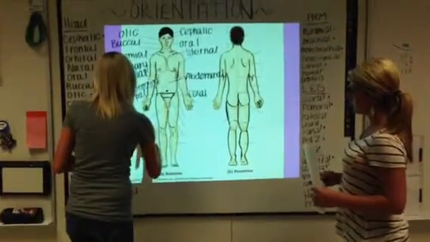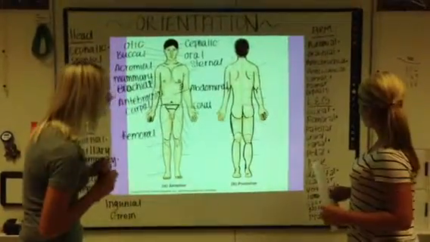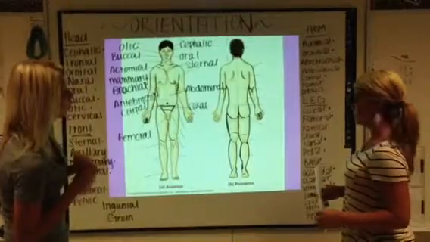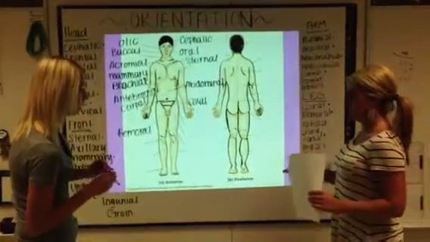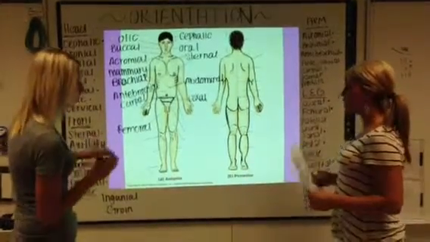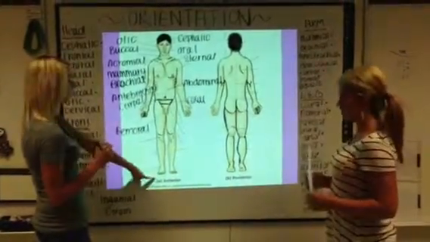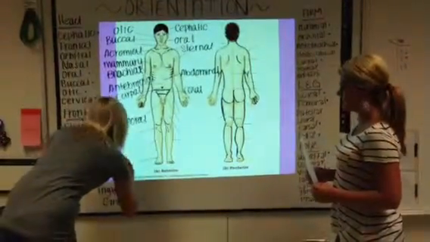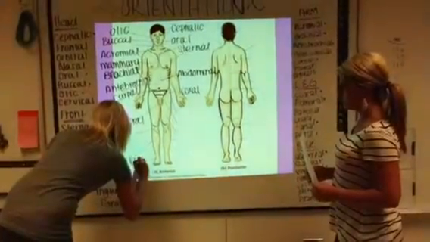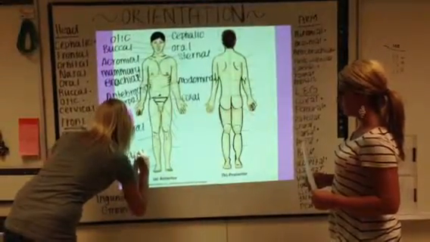Tarsal's kind of hard. That one's going to be your ankle. I always get tarsal and pedal mixed up. I know it's on your foot. Pedal is the one that you push your car pedal, like the gas, with. So that's an easy way to remember that one. And then tarsal is your ankle.